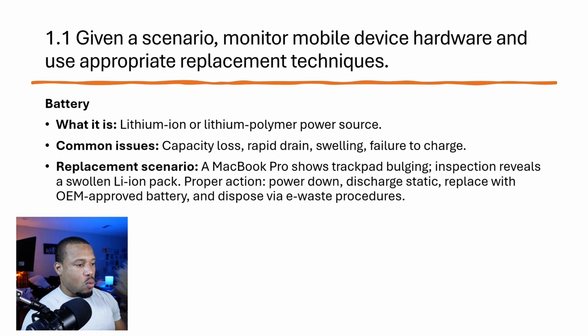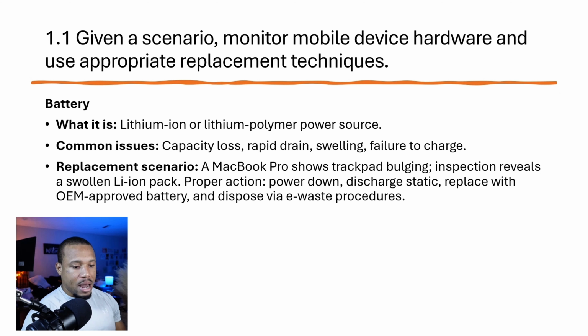We have objective 1.1, given a scenario, monitor mobile device hardware and use appropriate replacement techniques, all right? Now, most laptops and mobile devices today use lithium-ion batteries. These are efficient, but they wear down over time.